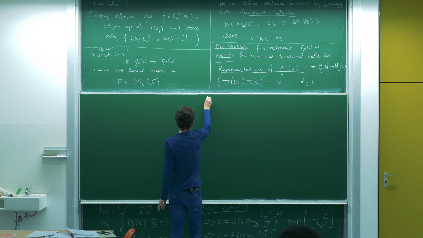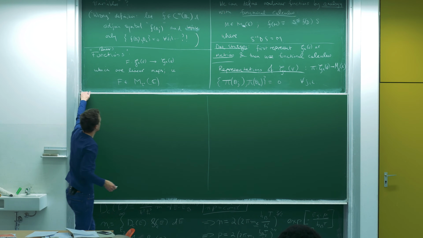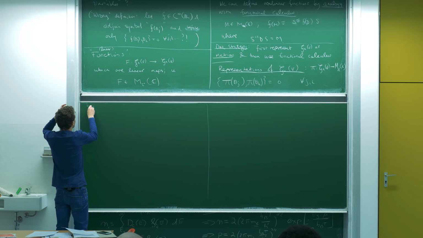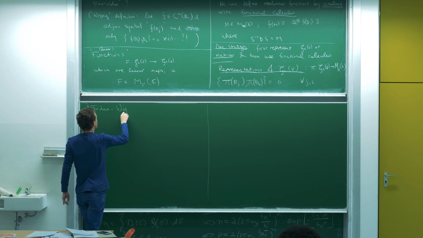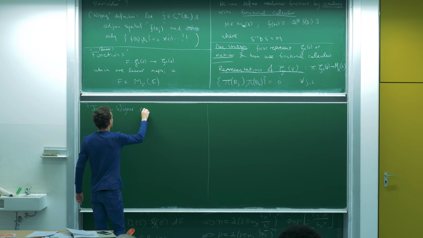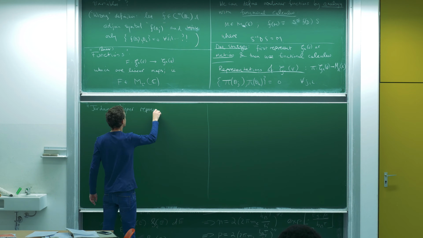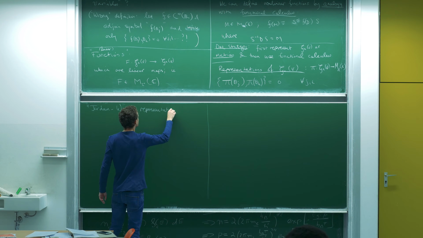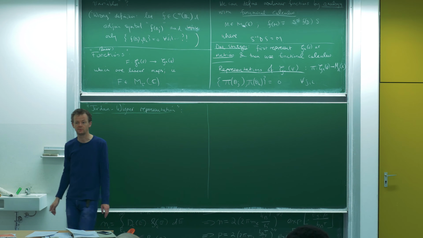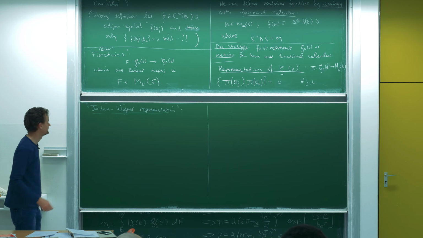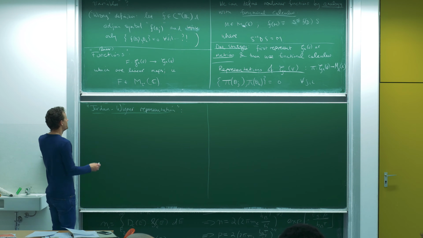I like it very much. I guess I'll call this the... I don't have a name for it, but I just want to give you an example of a concrete representation of these objects.